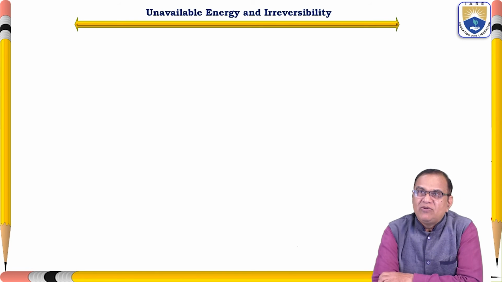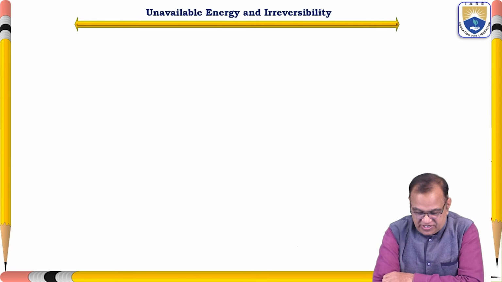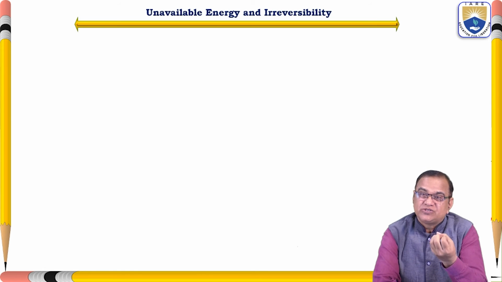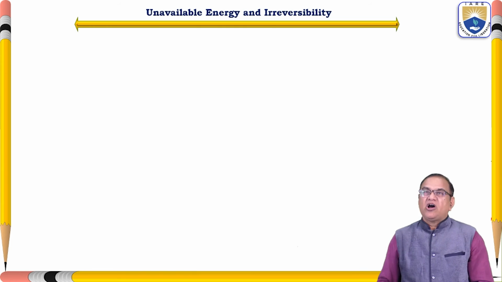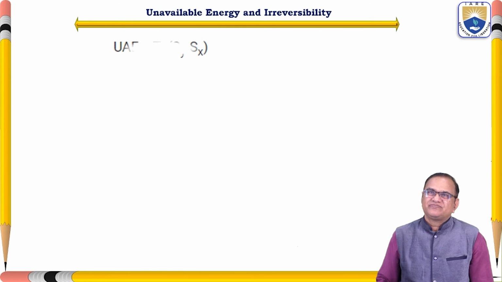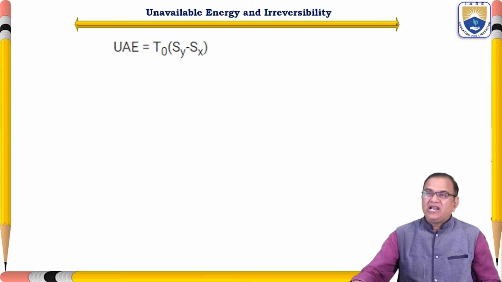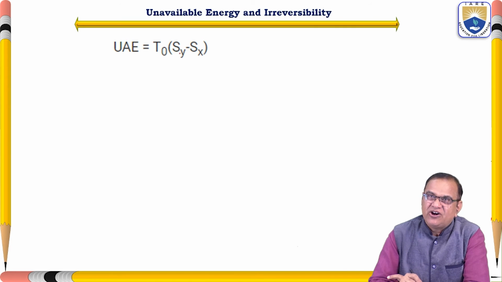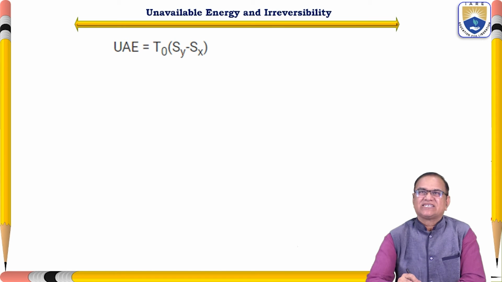Now, available energy and irreversibility. As of now, we have seen the availability or exergy. So how much we can use, the maximum work producing energy, is called the available energy. But how much is the waste? The unavailable energy, we have seen in the previous one, is T naught (SY minus SX).